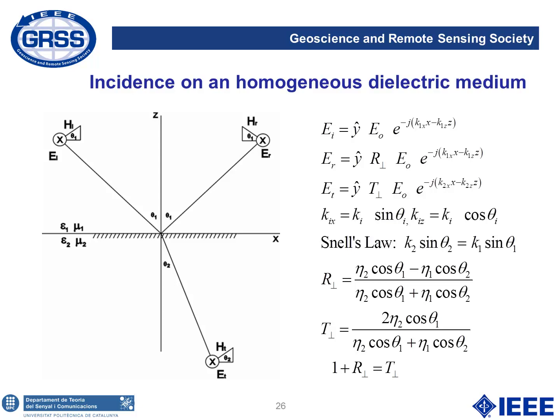We have a very simple model to start with, which is actually the interface between two dielectrics. We have a planar interface between two materials, one here with this dielectric and permeability constants, and material 2 with different values of epsilon and mu. What happens when we have an incident wave here, a plane wave, which is impacting on this interface between both materials?